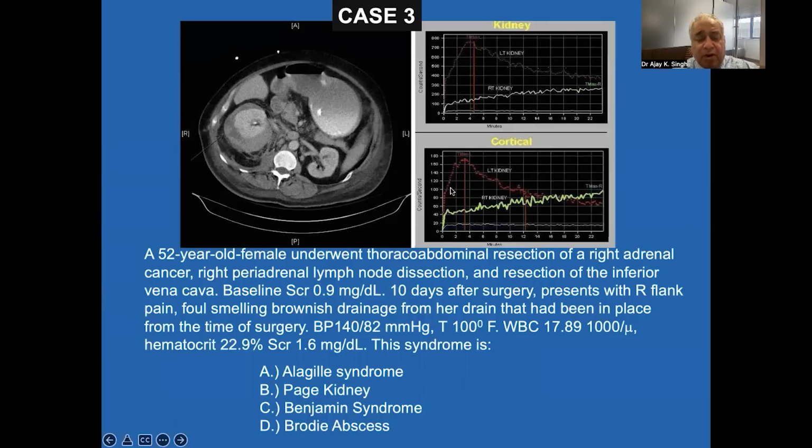And then below that is the cortical perfusion of the left kidney and cortical perfusion of the right kidney. And so the question is, what is this syndrome? A, Alagille syndrome, B, Page kidney, C, Benjamin syndrome, or D, Brodie's abscess. And the correct answer is Page kidney.